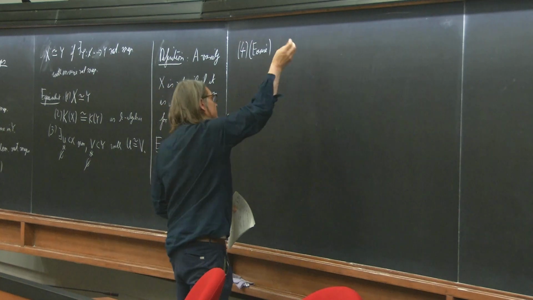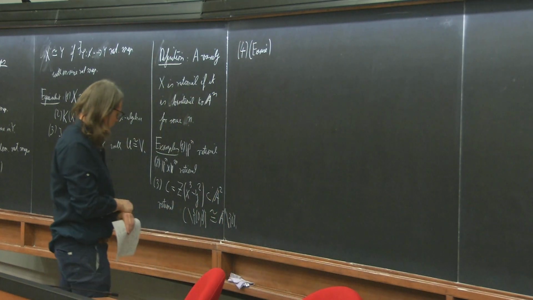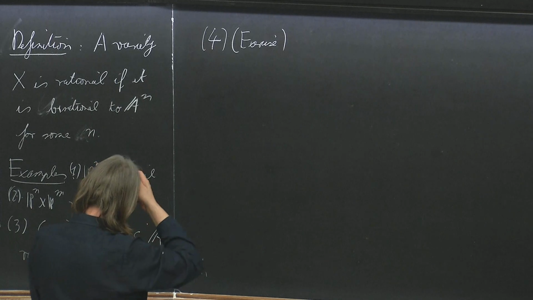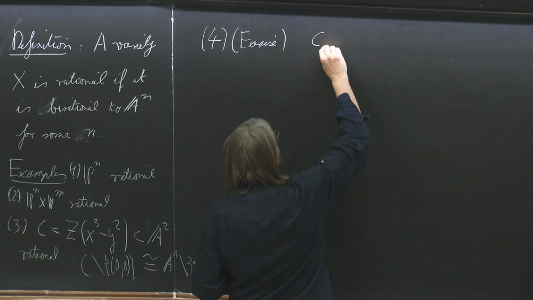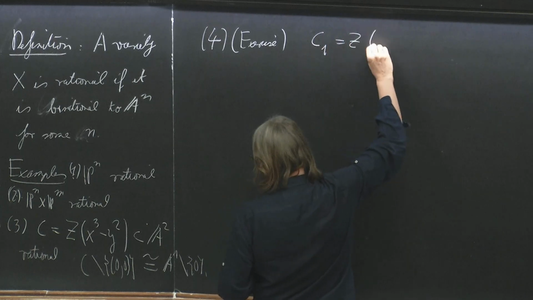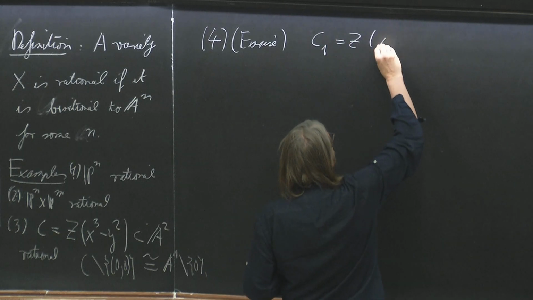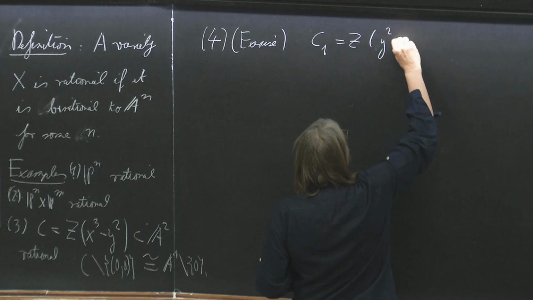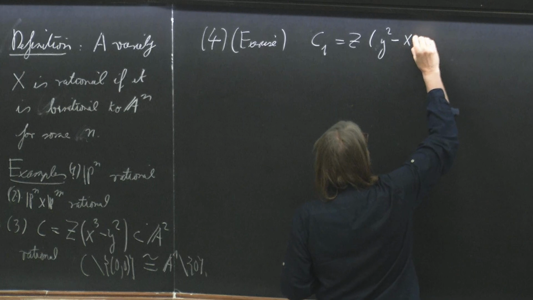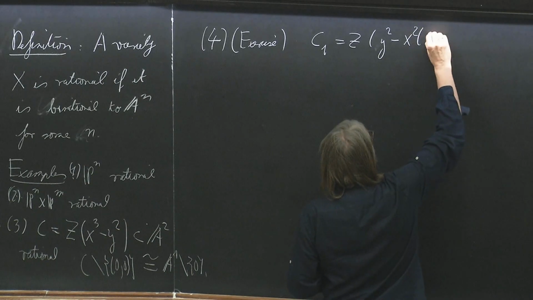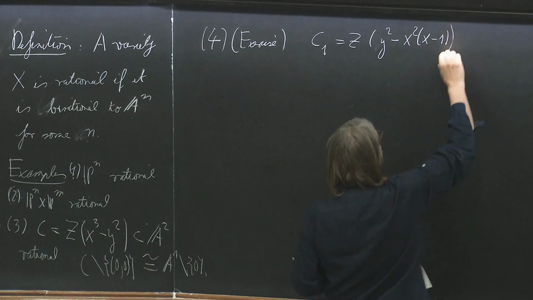if we take now a nodal cubic, so a cubic which has a node, for instance, we take C1, which is the zero set of, say, y^2 minus x^2 times (x minus 1).